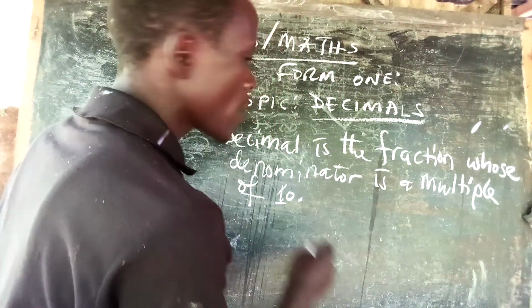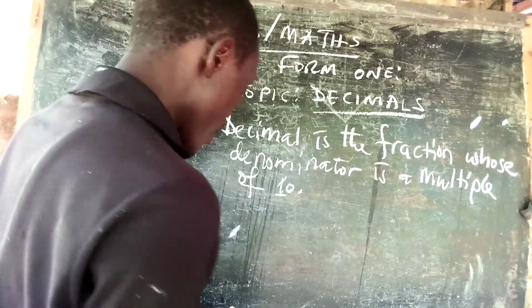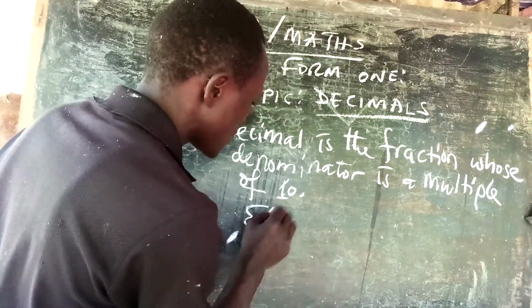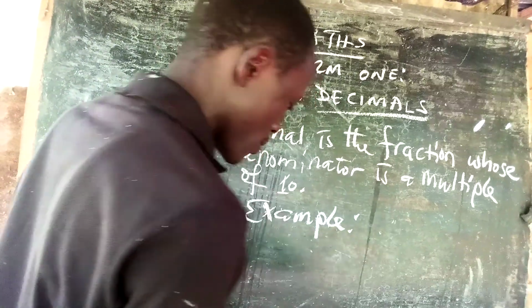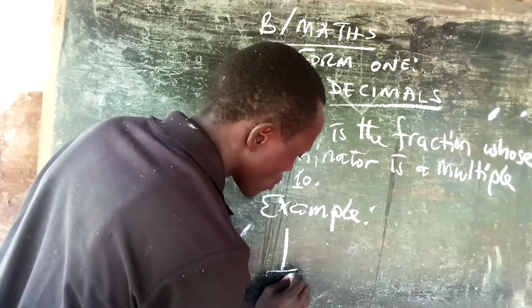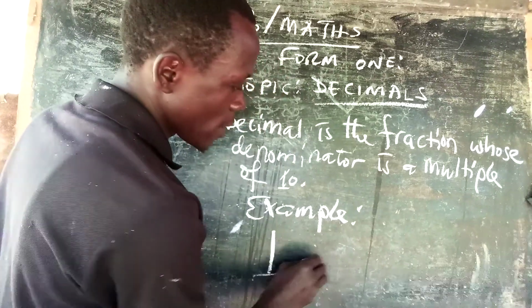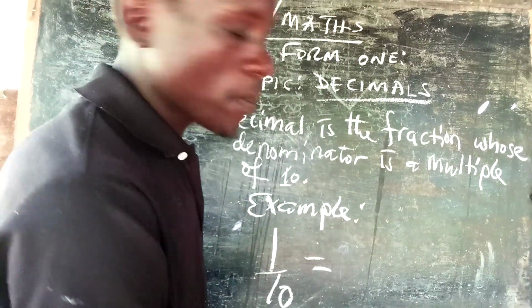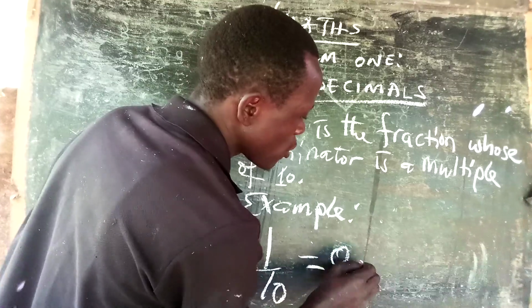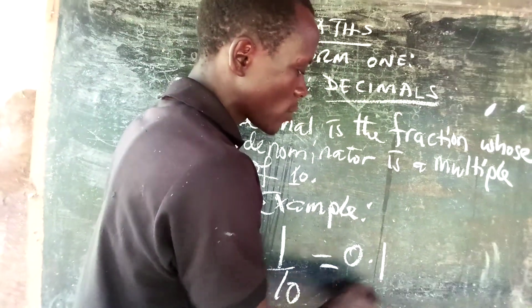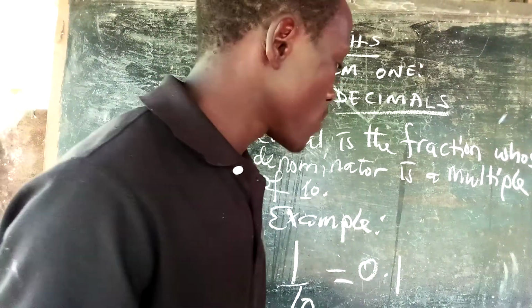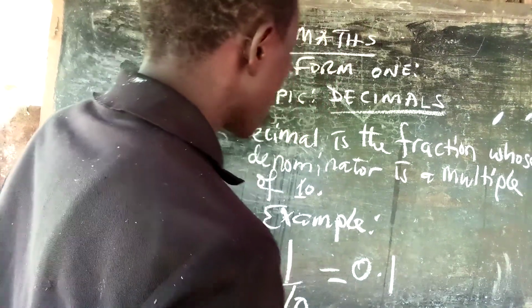And what does it mean? That means, for example, when we have 1 out of 10, if we change this into decimal, it will be just 0.1. That's why we say that 0.1 is in multiples of 10.